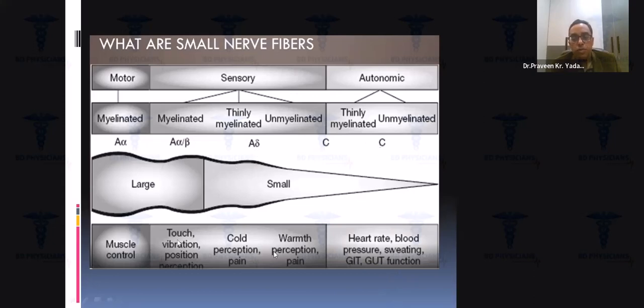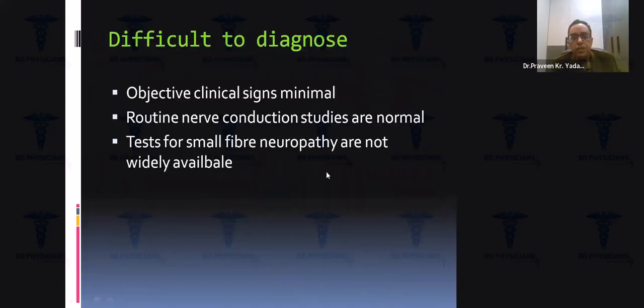So in small fiber neuropathies, you will have a lot of pain, and a lot of temperature and perception problems. There will be allodynia, hyperalgesia, and all those things. And associated with that, there will be autonomic dysfunction because the small fibers are getting involved. Now, it is difficult to diagnose because there are no objective clinical signs, and the routine nerve conduction studies will be normal.